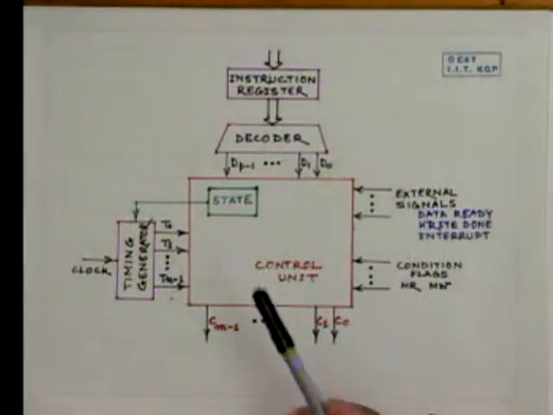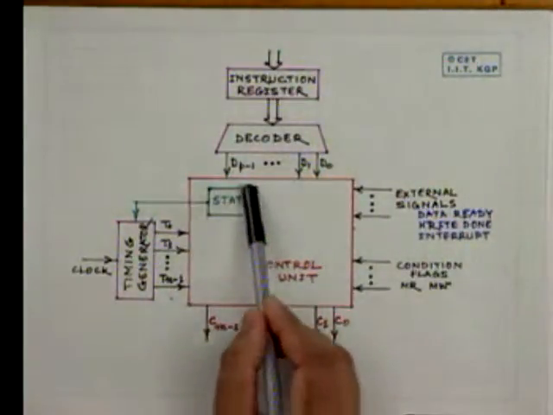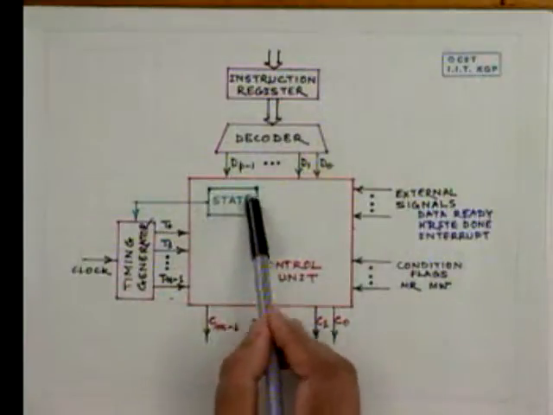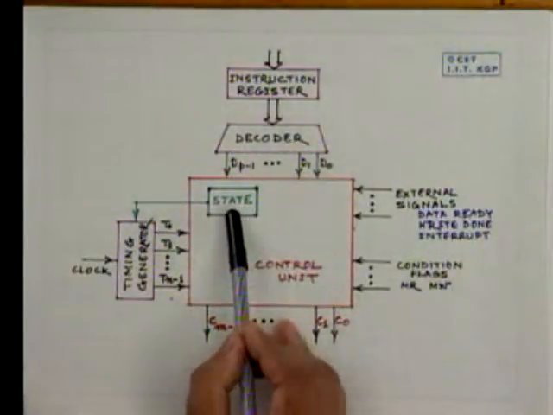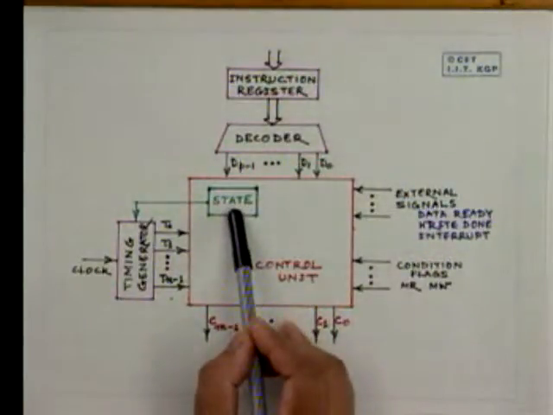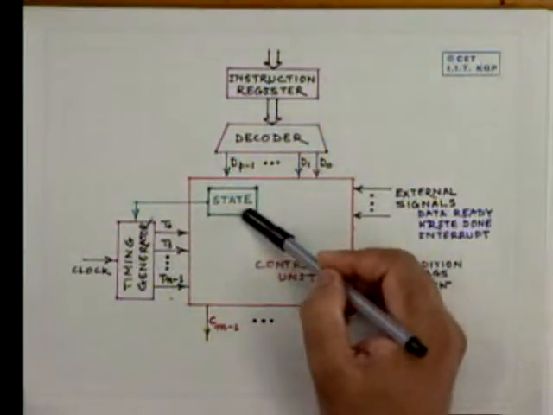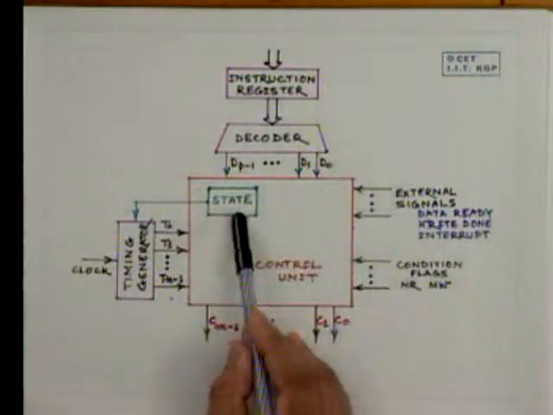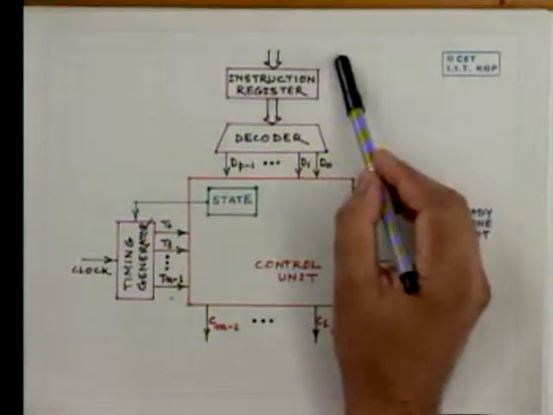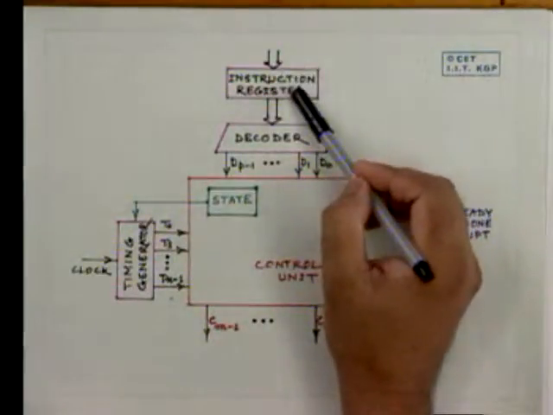Therefore, we keep a small unit here, which represents a state. Generally, it is realized by means of flip-flops. Initially, it is in the fetch state. The control unit is in a fetch state. The machine instruction is fetched. It comes to the instruction register.